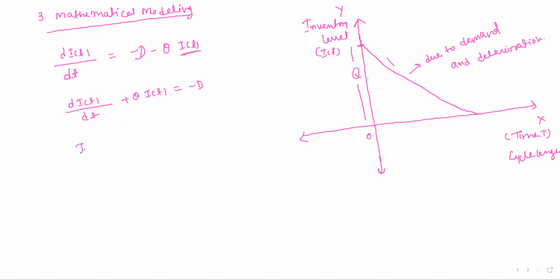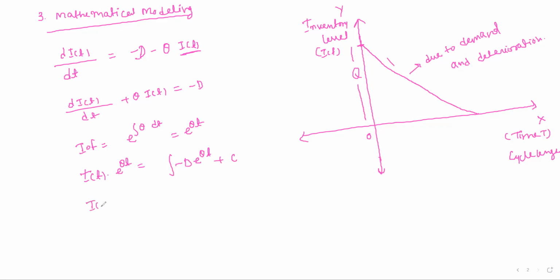Means first we find the integrating factor, which is equal to e to the power integral theta dt. So it will come e to the power theta t. Now its solution will be I(t) times e to the power theta t equals minus D e to the power theta t, integrated, plus one constant of integration.